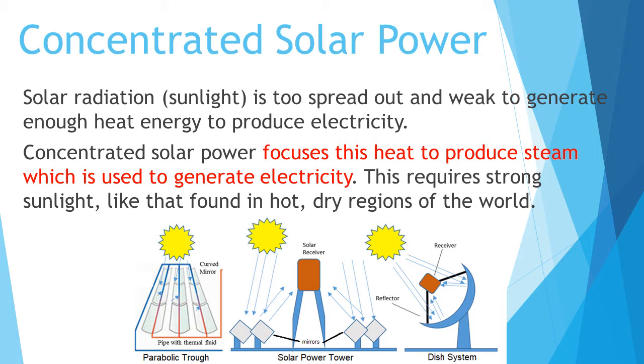This really requires some strong sunlight, the type of sunlight we find in hot, dry regions of the world. In that picture at the bottom, you see three different styles of concentrated solar power. We're going to look at each of these individually.